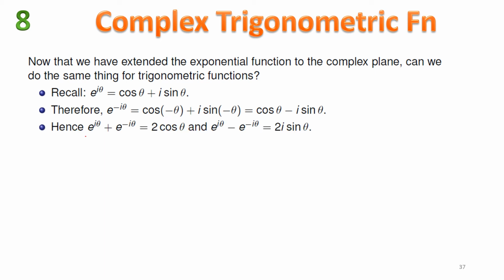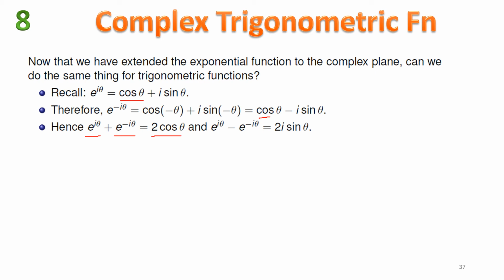Now when we add e to the i theta plus e to the minus i theta, we are adding cos of theta and cos of theta. So that makes 2 times cos of theta, and the sine term is cancelled out.